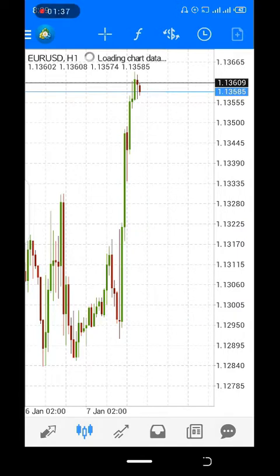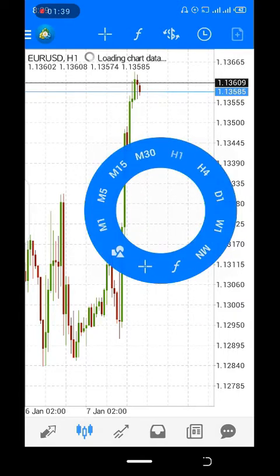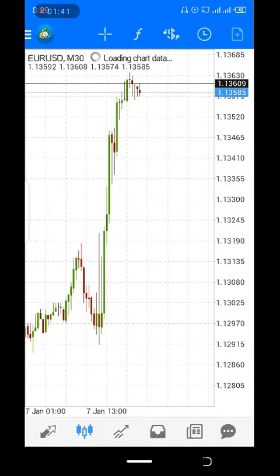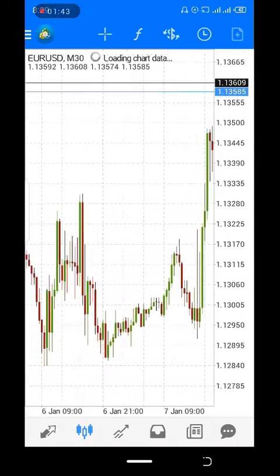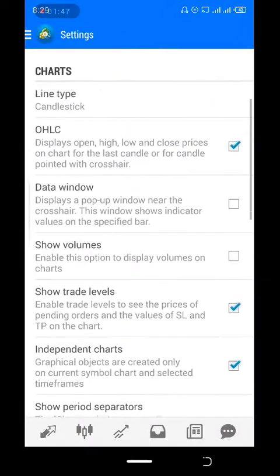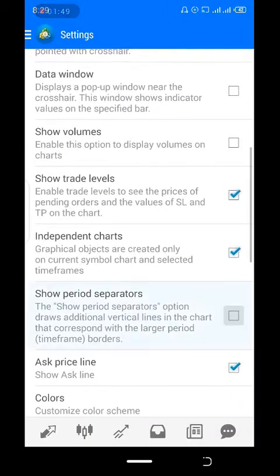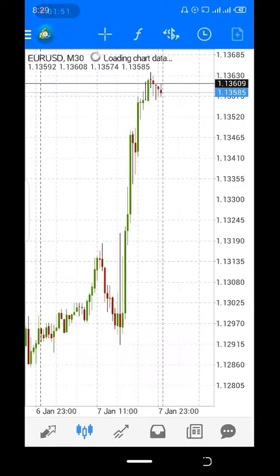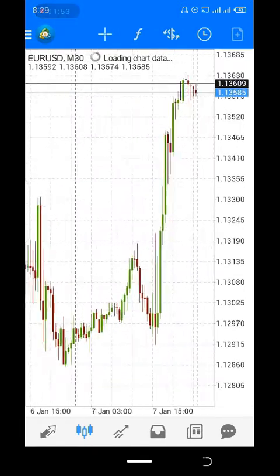Now we are on H1, which is 1 hour time frame. Let's switch it to 30 minute time frame. Now let's check the period separator. Now this is it. Between this is the 30 minute time frame.